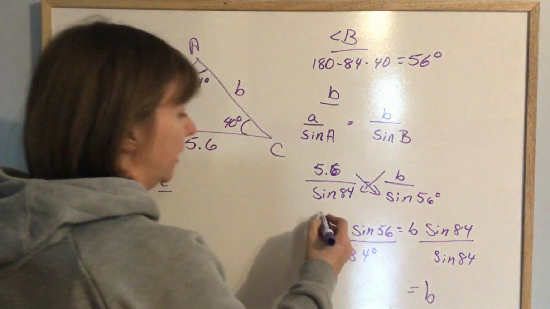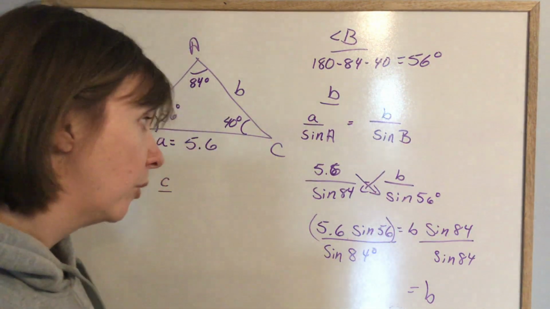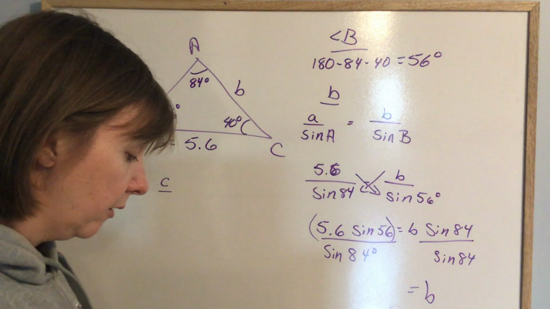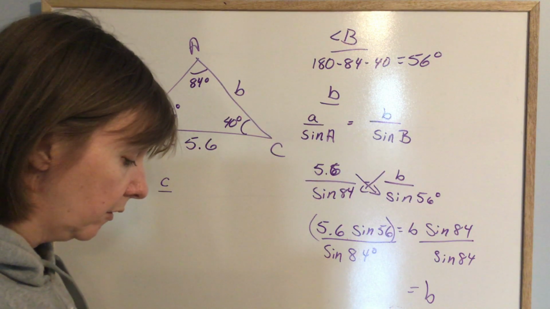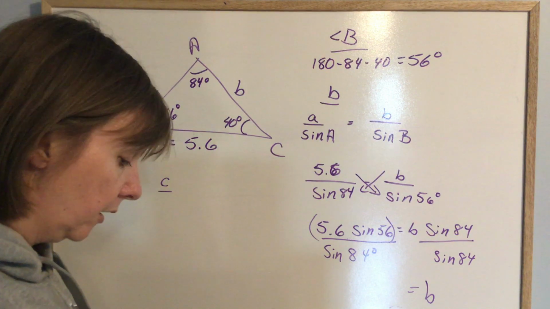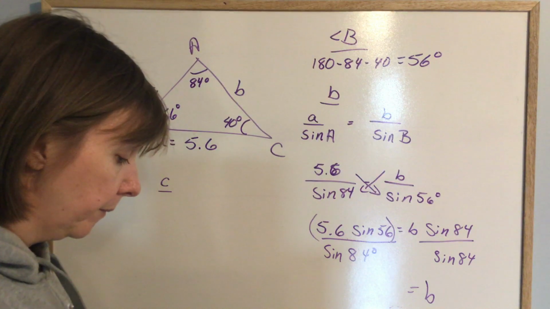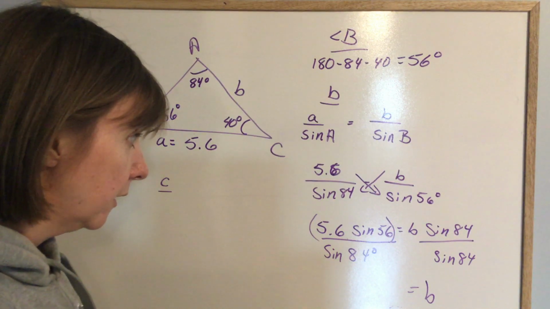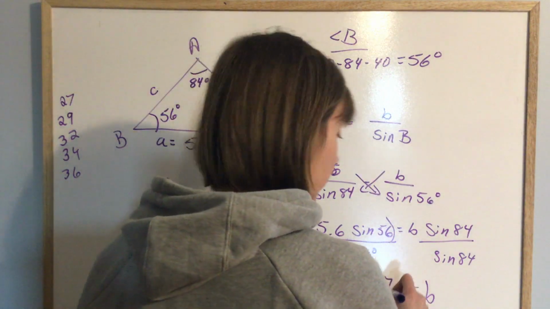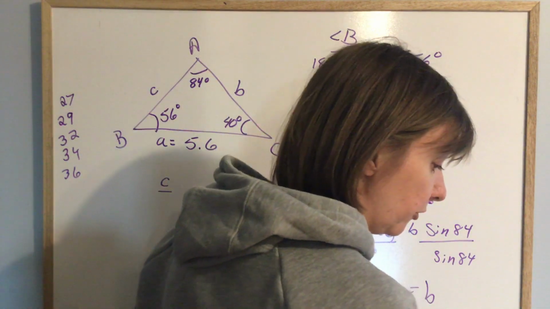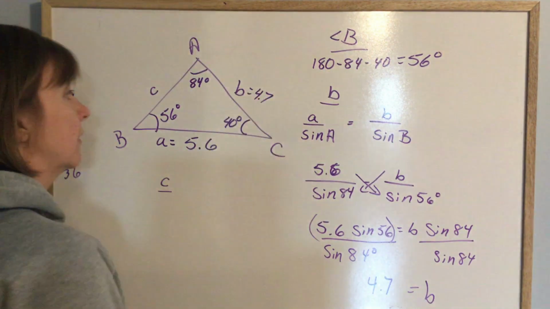I can put all that in my calculator, but I would put brackets on the top just to be sure that my calculator is doing what I want it to do. 5.6 times sine of 56 divided by sine of 84, and that should be it. I get 4.7. They said round answers to the nearest tenth. So 4.7 is what I get for this.